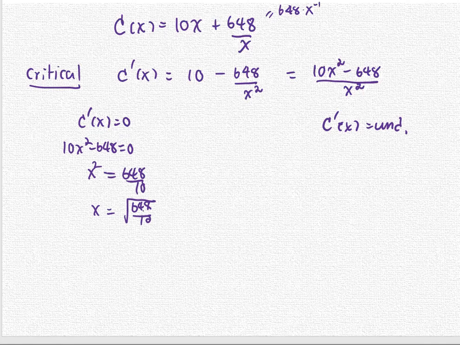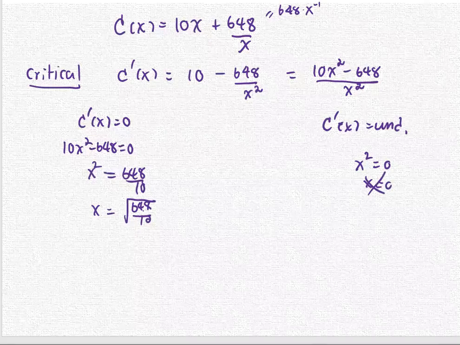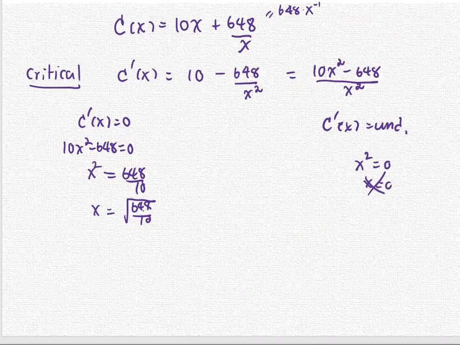And next, for the undefined case, x squared equals 0, which is not applicable because we want anything greater than 0. Then put in the calculator the square root of 64.8. Now we get about 8.05.